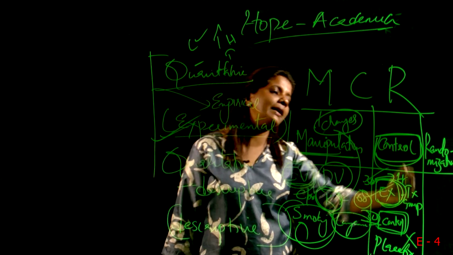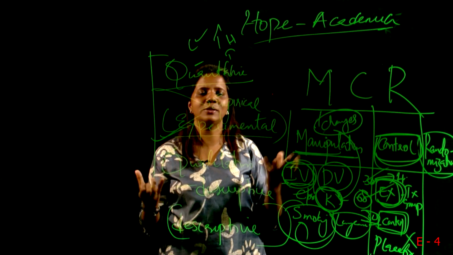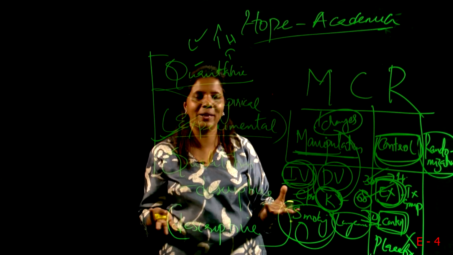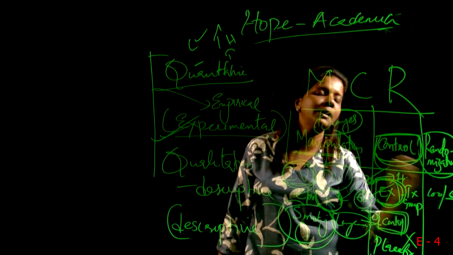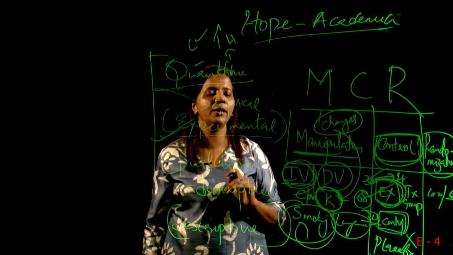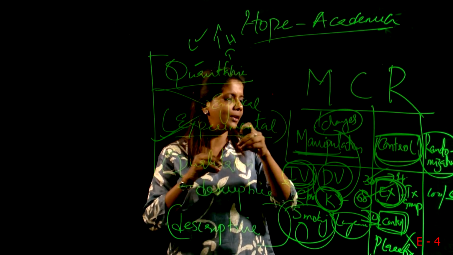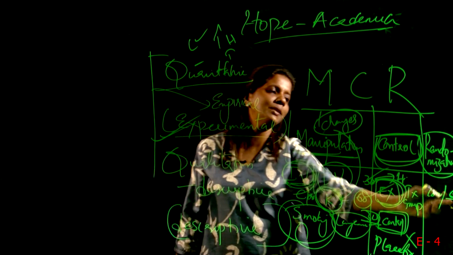Come to the other one, randomization. What do you mean by random, or randomly selecting something? It means you are generally selecting by lottery method. Out of 100, I need only 60 participants for my research study. What will I do? I'll make chits of all the names, and somebody will take the chits, and 60 will be selected.